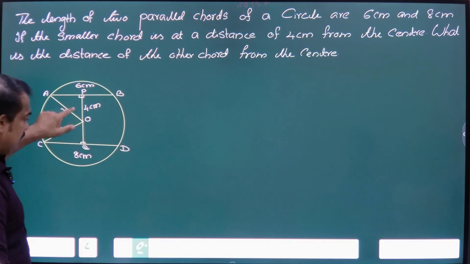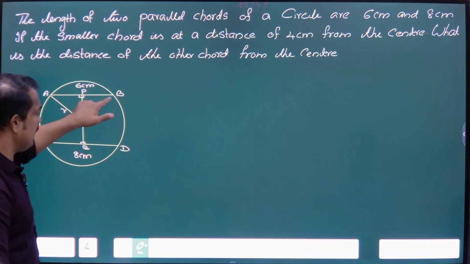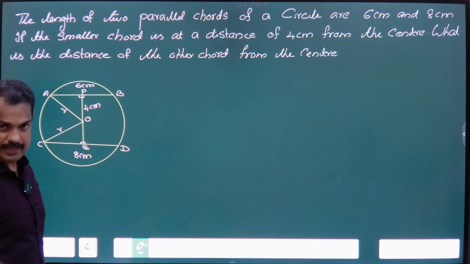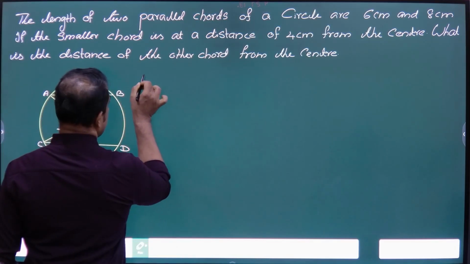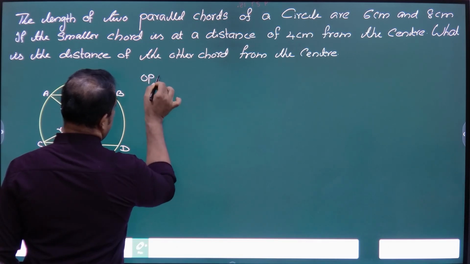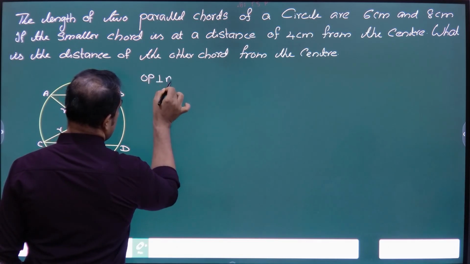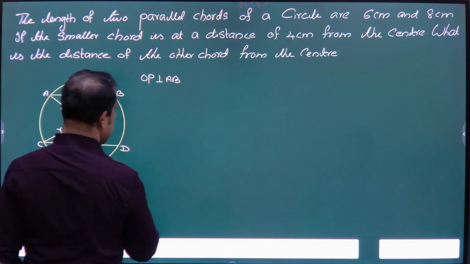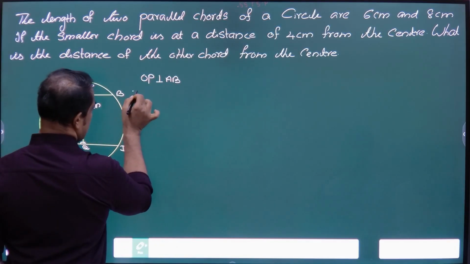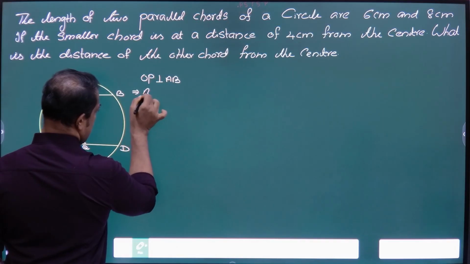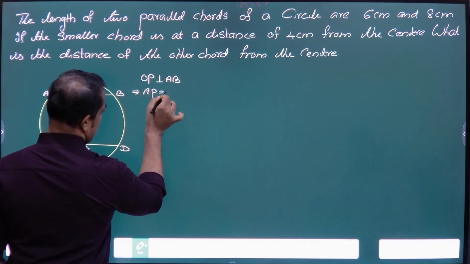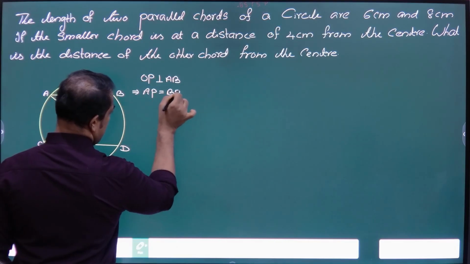First, OP perpendicular to AB implies AP equal to BP. Reason?